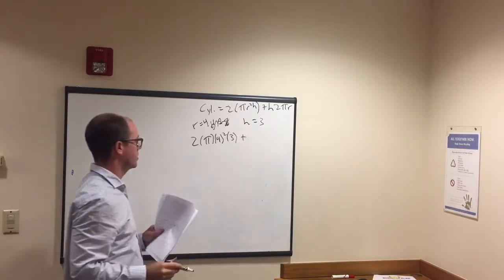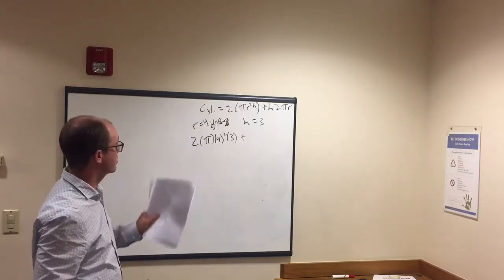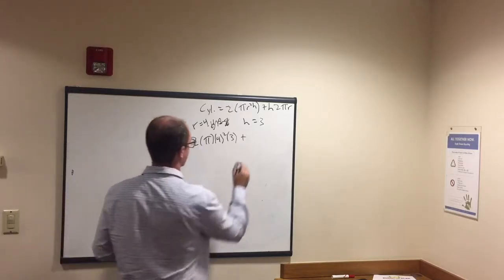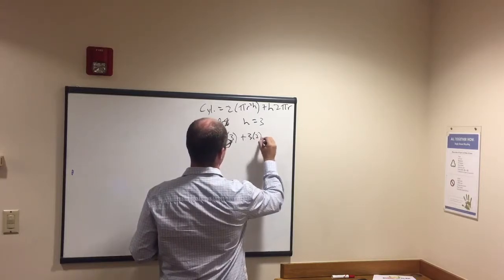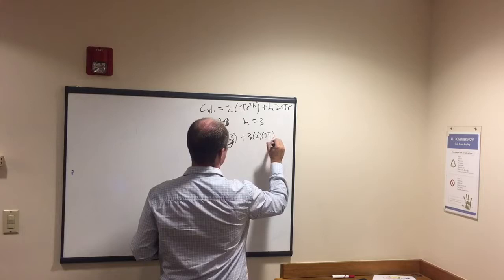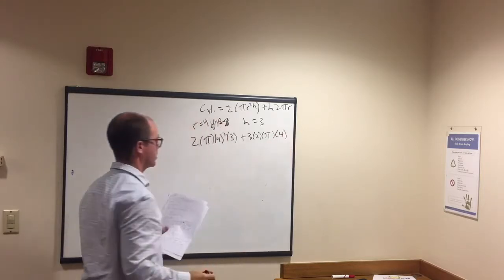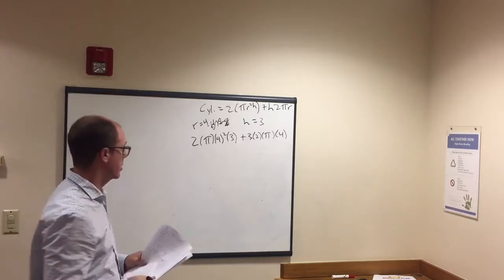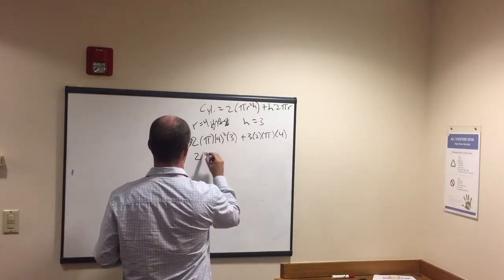Everybody can see what we did there. 2 times pi, radius is 4 squared, times 3, plus height is 3, times 2, times pi, times r, which is 4. Okay, everybody's good there.